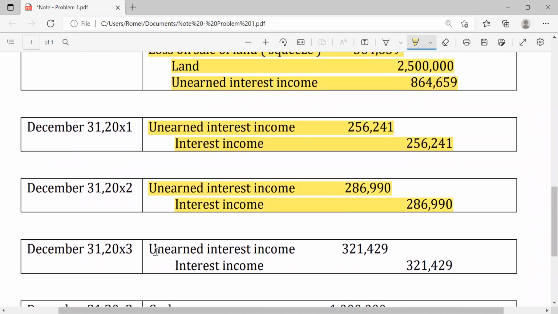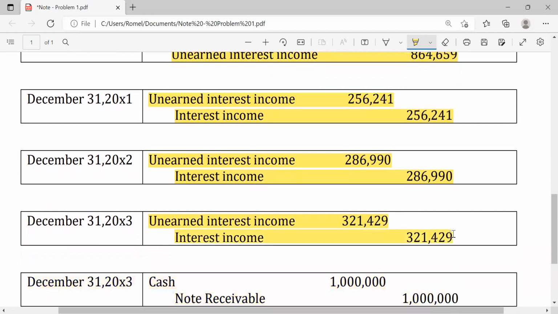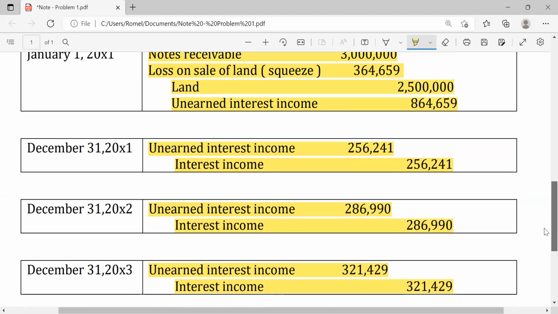So, for December 31, 20X3, nag-debit ulit tayo ng unearned interest income, credit interest income. So, what is the expectation? At the due date, which is December 31, 20X3, the unearned interest income will be zero. So, at the end of the term, or at the due date, the unearned interest income becomes zero.